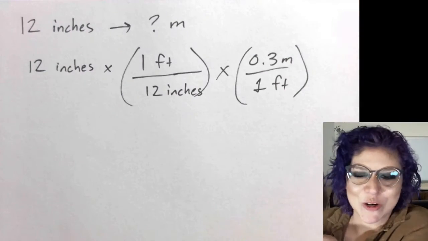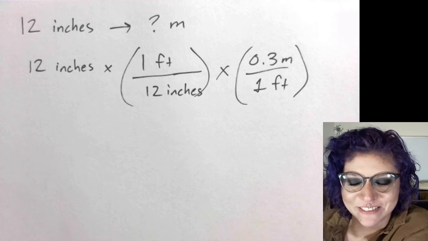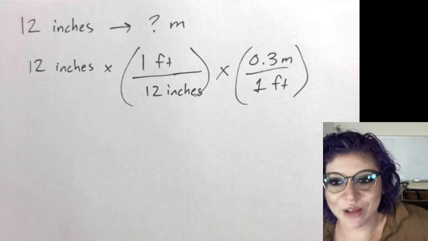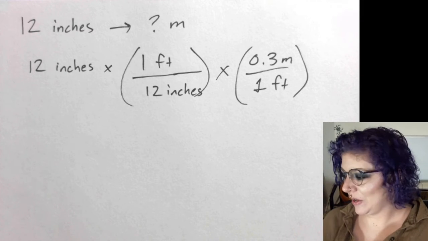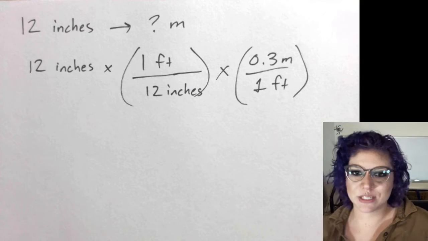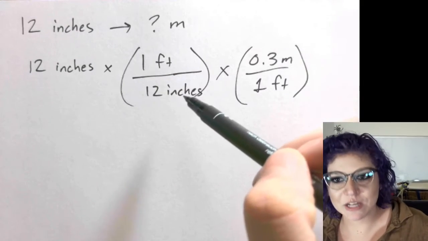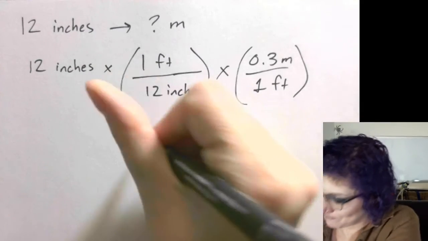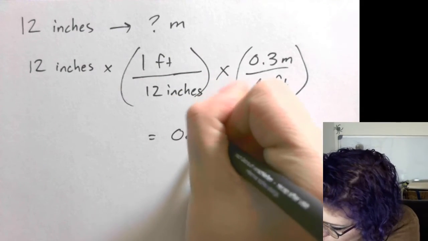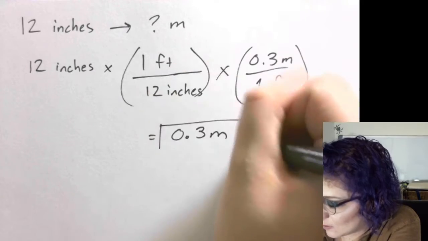Y'all, this is a weird conversion factor. I wouldn't super give it to this weird example. I'm just trying to show you the formatting. So we can solve it like this. We say 12 divided by 12 is 1 times 0.3 is 0.3 meters.